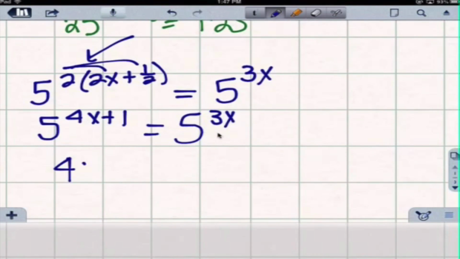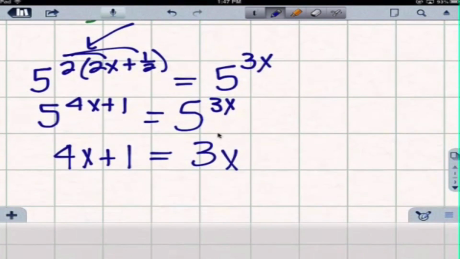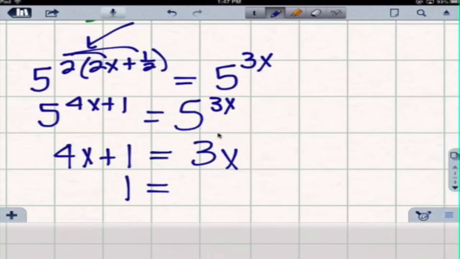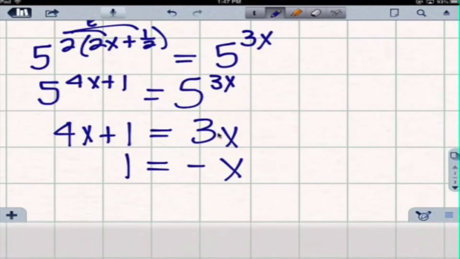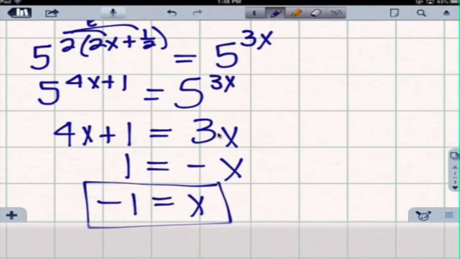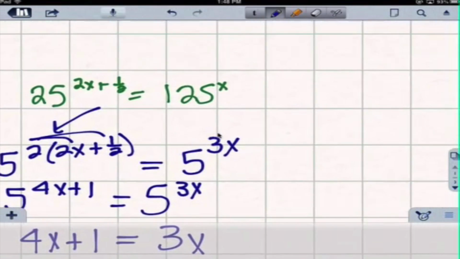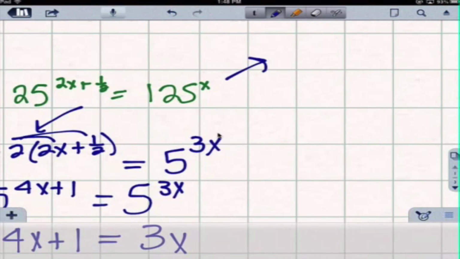And then I can go about and say 4x plus 1 equals 3x. So 1 is equal to negative x, and x is equal to negative 1. So that would be one method which we could use to solve that problem. Second method I could use.